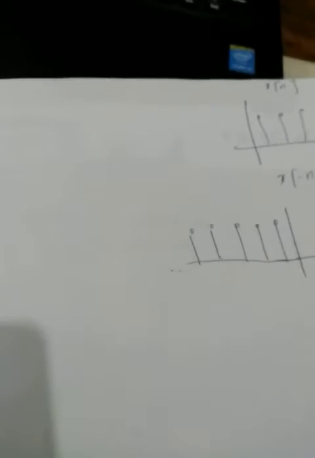If we find the inverse, meaning the reflection, then we get x of minus n, and all these signals will shift towards the other side of the axis, that is 1, 2, 3, 4, 5, and so on. This is our inverse property. In the inverse property, what we do is invert our system about the axis.